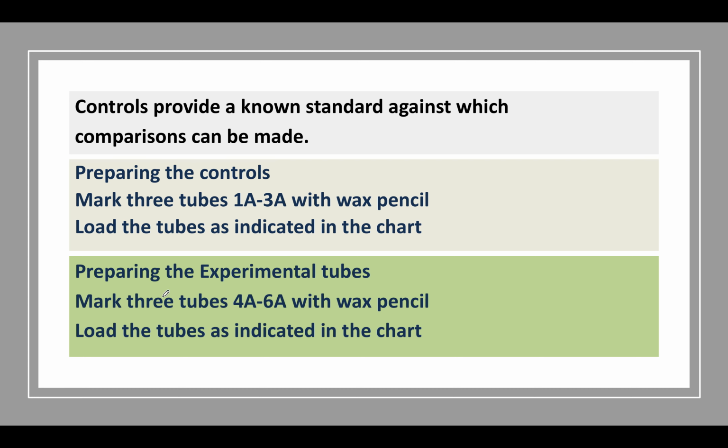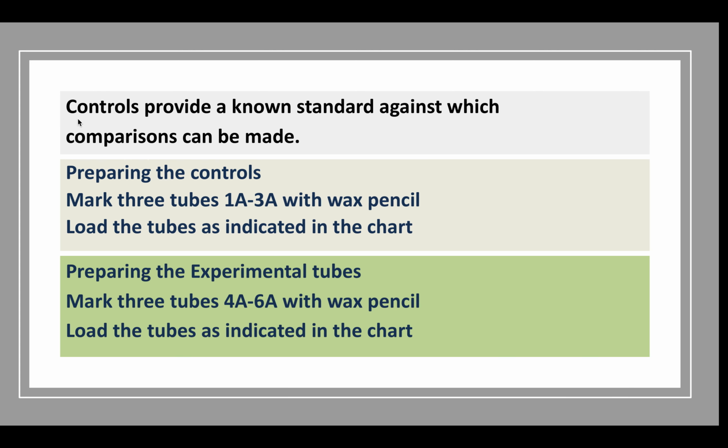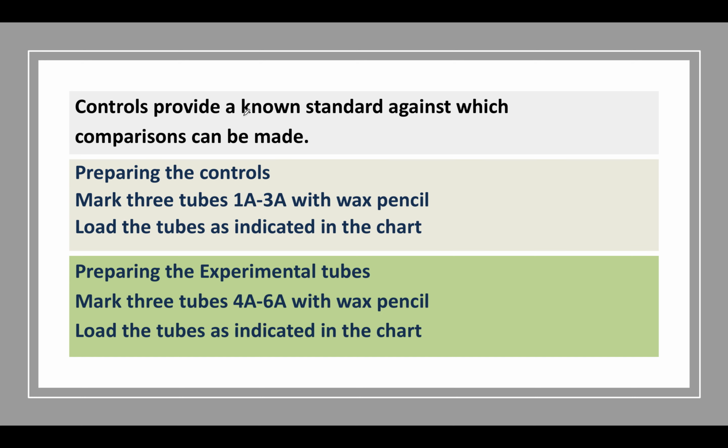With every experiment, we need controls. Controls provide a known standard against which comparisons are made. When we do the test tubes, at the results we're going to compare against the controls.